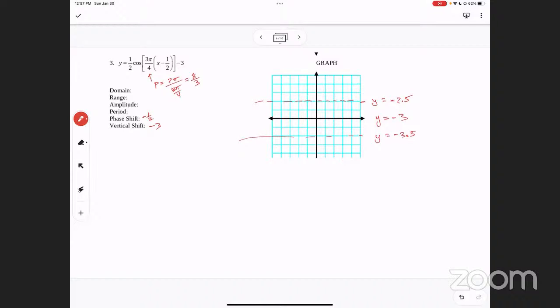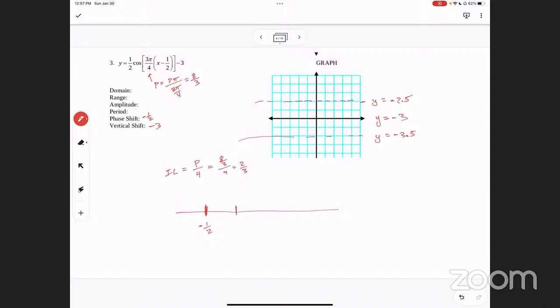Now let's deal with the period. It's annoying. So remember, my interval lengths are going to be the period divided by 4. So my interval lengths are 8/3 divided by 4, which is 2/3. Does that make sense? So each interval is 2/3, but I'm starting at my phase shift, which was -1/2. That's my first interval.